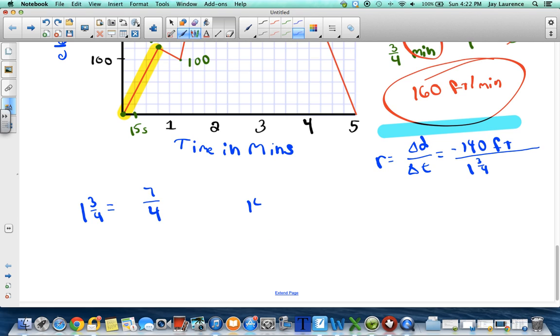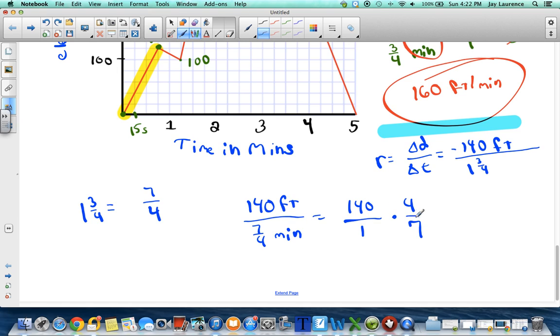So my fraction is 140 feet per 7/4 minutes. Now I'm going to do 140 over 1 times 4 over 7. Remember, to divide by a fraction is the same as to multiply by the reciprocal.